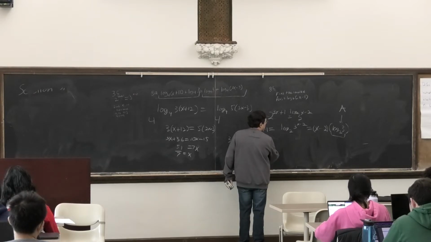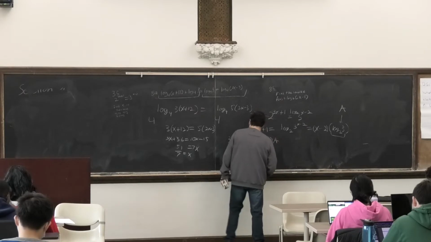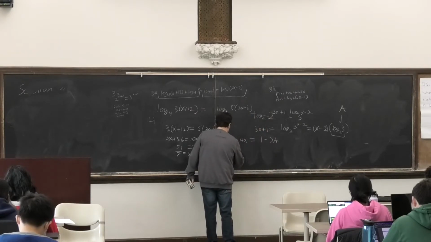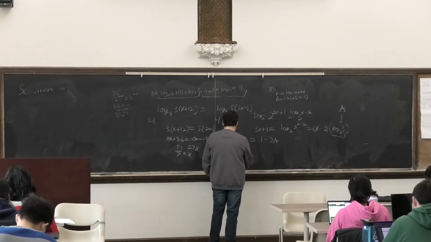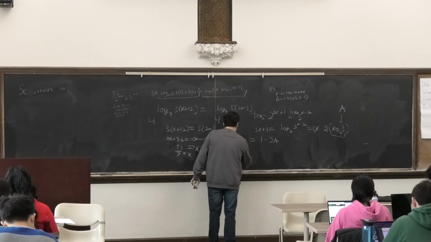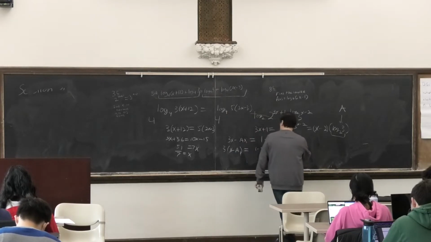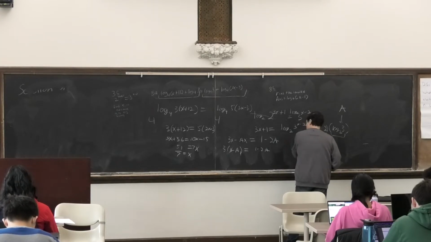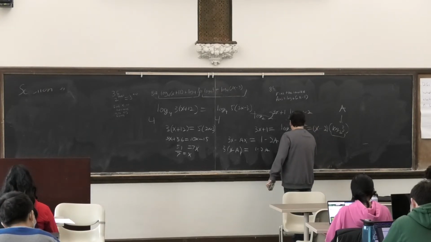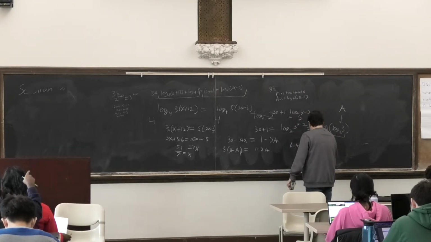1 minus 2a. So this is 3x minus a equals 1 minus 2a. So 3 equals 1. That's what I want to do. x minus a equals 1 minus 2a over 3.